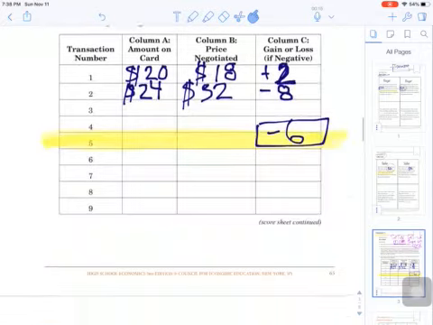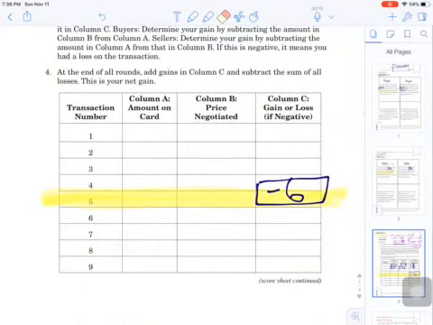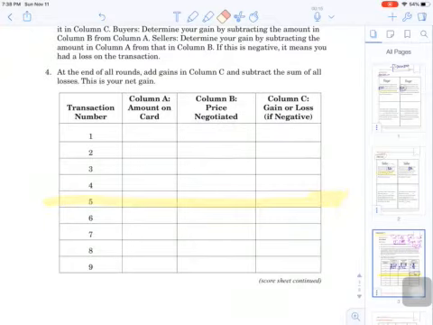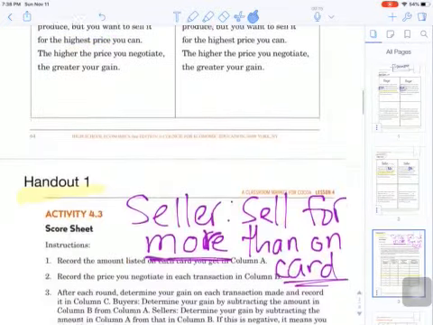Okay, and then let's say I'm down here, and I'm just going to erase this. Okay, and so then the amount on the card, sorry, forgot already. The amount on the seller card is $20.